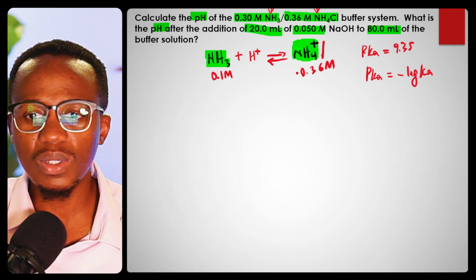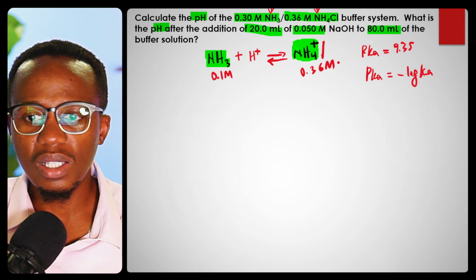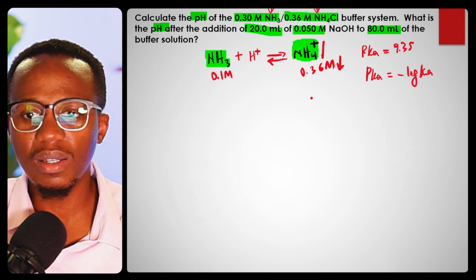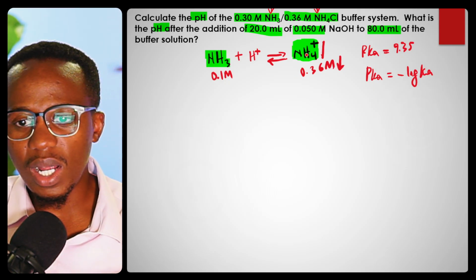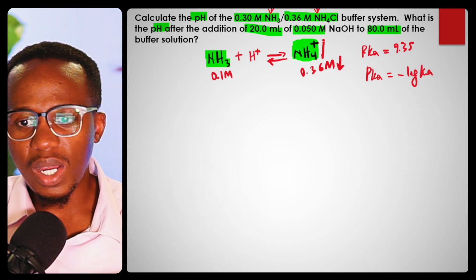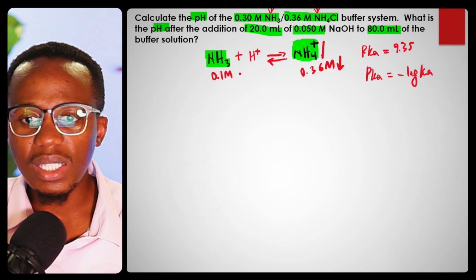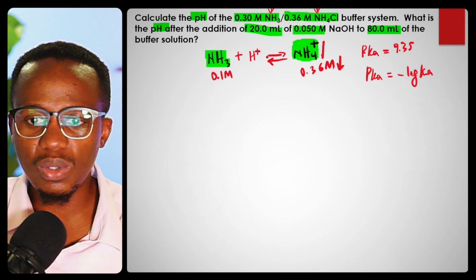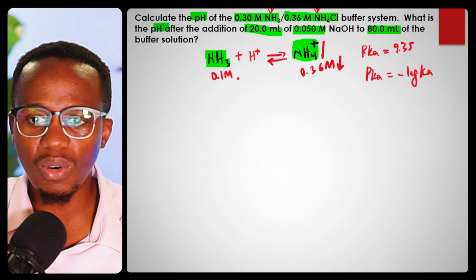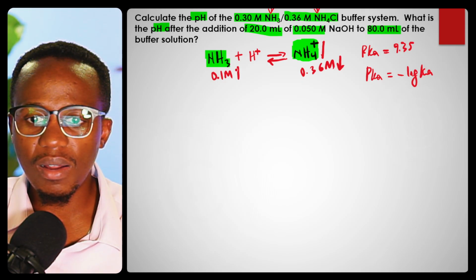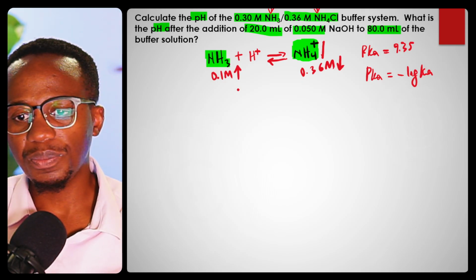So our acid goes down. So I'm just going to put this concentration will go down here, right? And then guess what? When our acid is used up, our base goes up, right? Because it's going to go that way. So our base is going to go up. So acid goes down, base goes up.